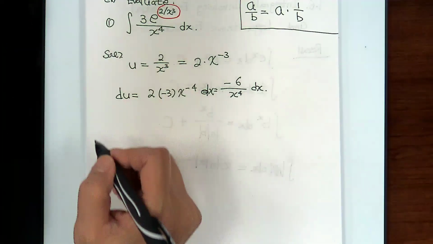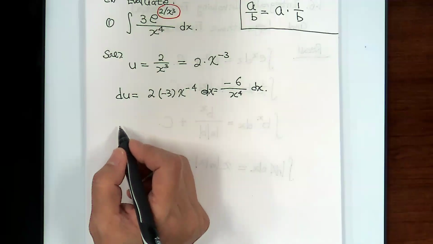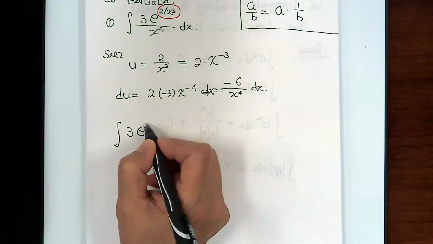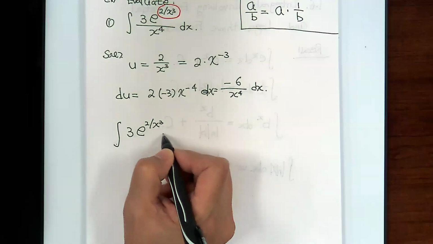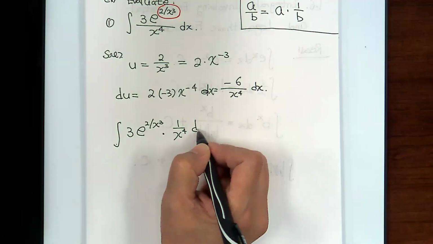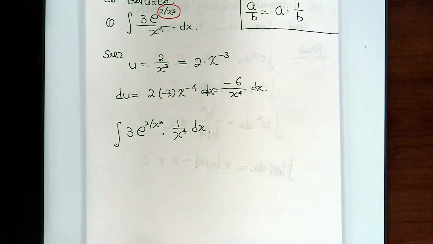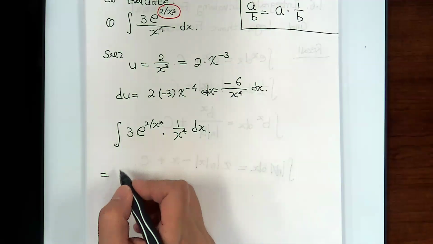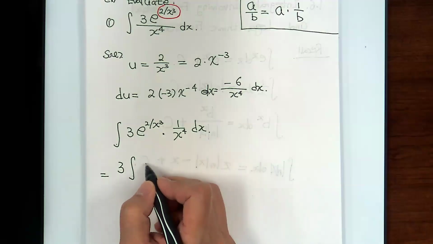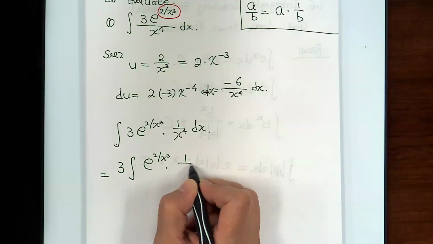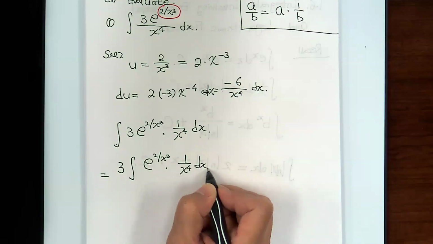Let me rewrite the given expression. I would write integration 3 times e to the 2 over x cubed times, I'm separating the numerator and denominator to make things look better. So here we have 3 times integration e to the 2 over x cubed times 1 over x to the 4th power dx.